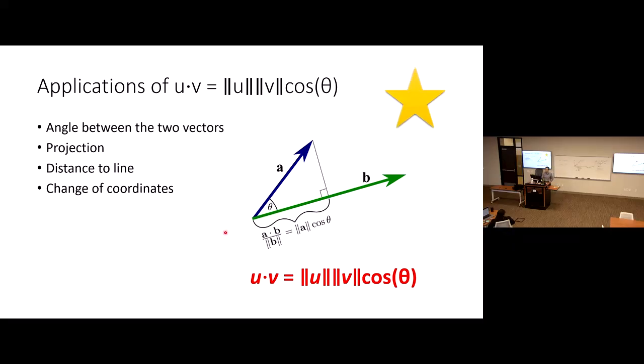Let's see here. See, this is important. So let's see this formula here. It tells you how long this part is. So this part is the projection of vector A onto B, because by definition cosine theta times the magnitude of A is the length of this bar here.